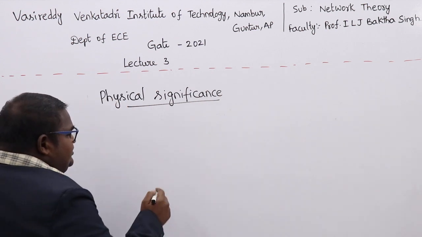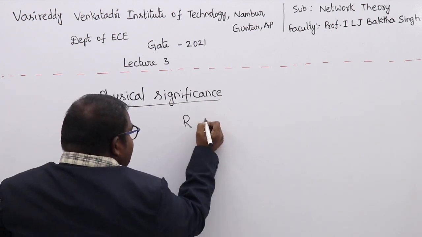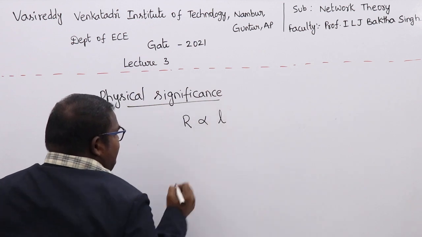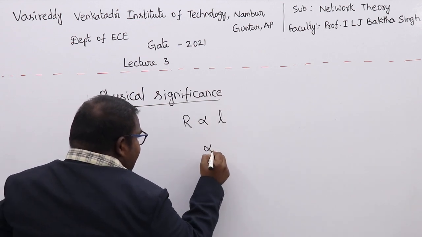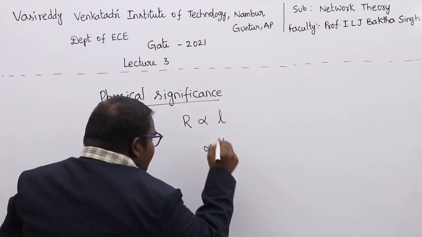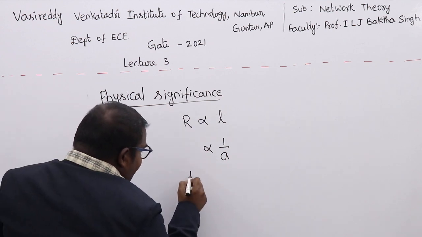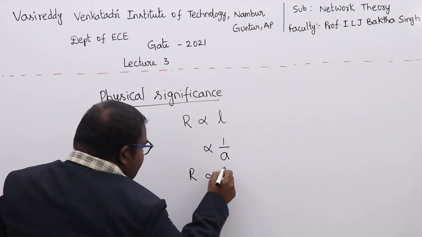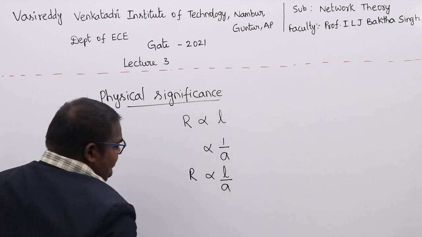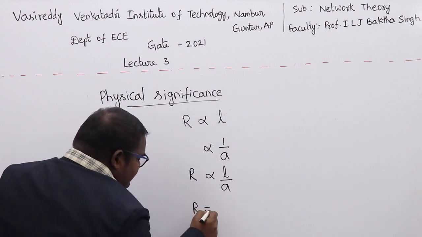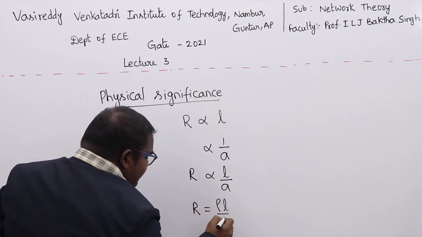The resistance of the body is directly proportional to the length, and inversely proportional to the area of cross section. Therefore, R is proportional to L by A, and R is equal to rho L by A.